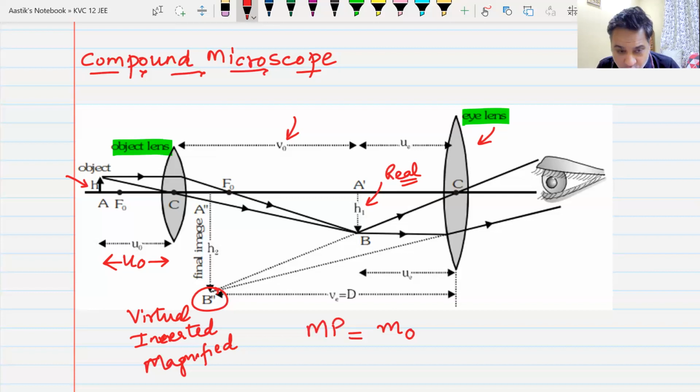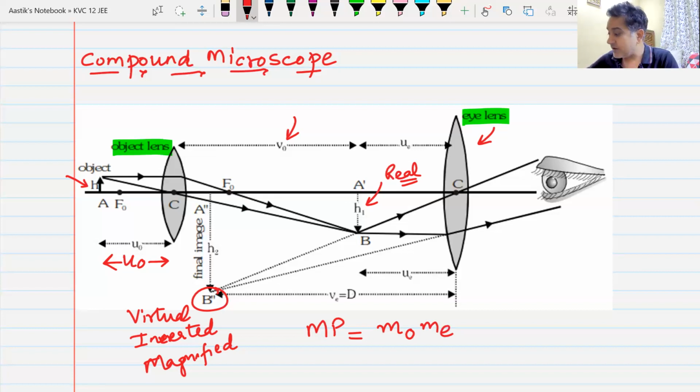Objective lens, yes. And you multiply it by the magnifying power of E, E standing for the eyepiece. Do we understand this? Multiply them together. There are two lenses. Multiply them together, and you will get the magnifying power of this instrument.